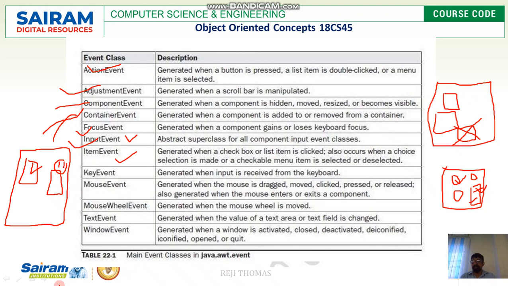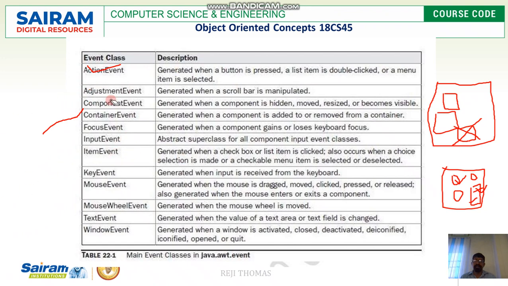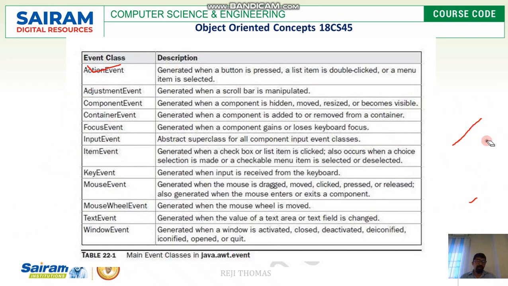Next one is the key event. Key event is generated when we receive input from the keyboard. Think that this is the container where we type some characters from the keyboard. When it has received input from the keyboard, we say that a key event got generated.